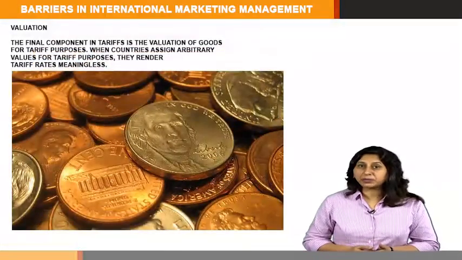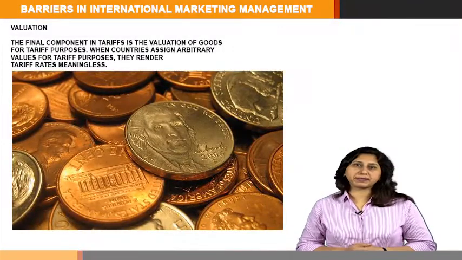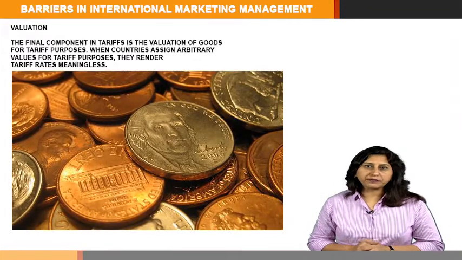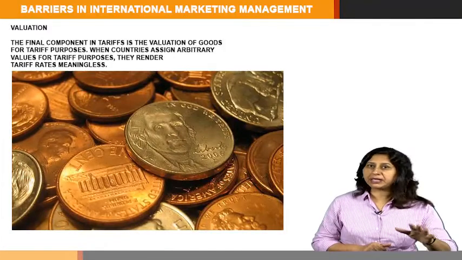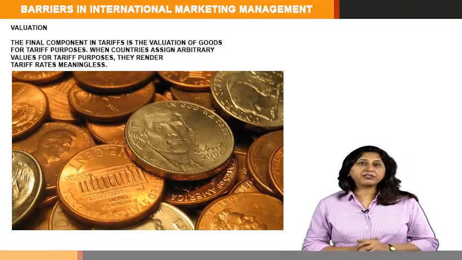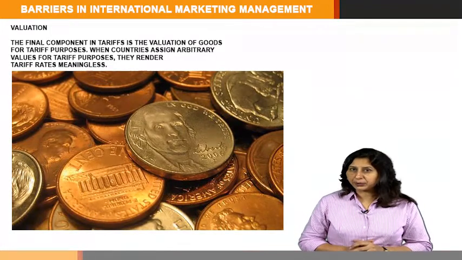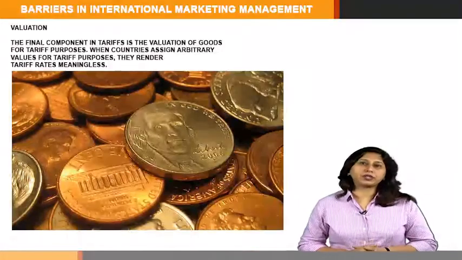The final component in tariffs is the valuation of goods for tariff purposes. When countries assign arbitrary values for tariff purposes, they render tariff rates meaningless. GATT Article 7 and the Agreement on Implementation of Article 7, the Customs Valuation Agreement, define international rules for valuation.